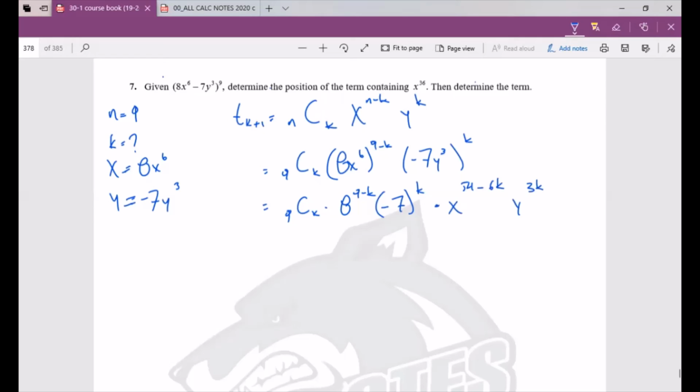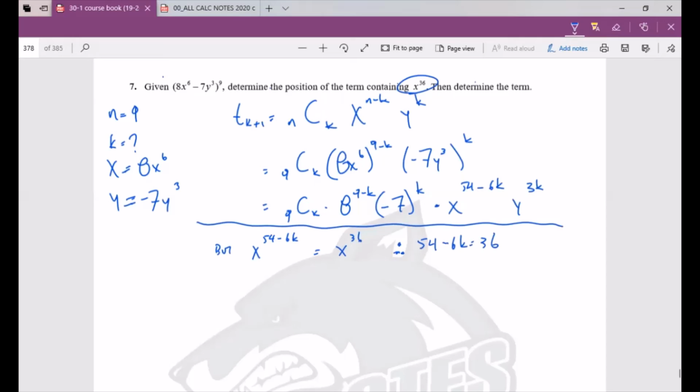But our x says x to the 54 minus 6k is x to the 36. Therefore, 54 minus 6k equals 36.